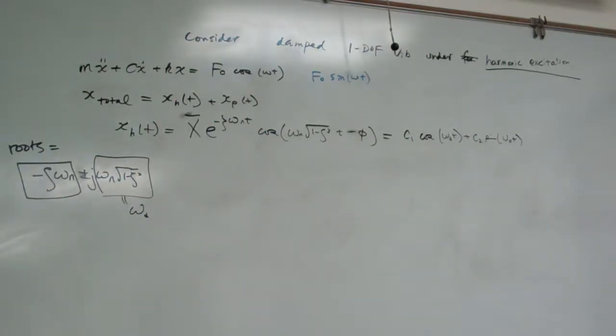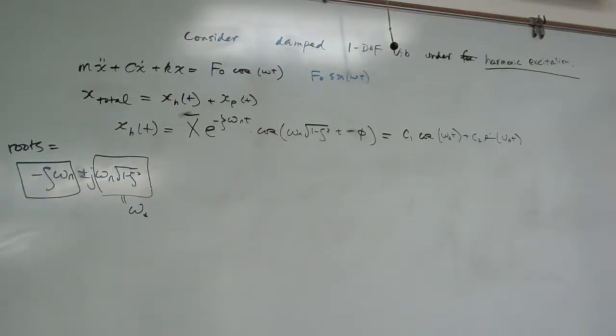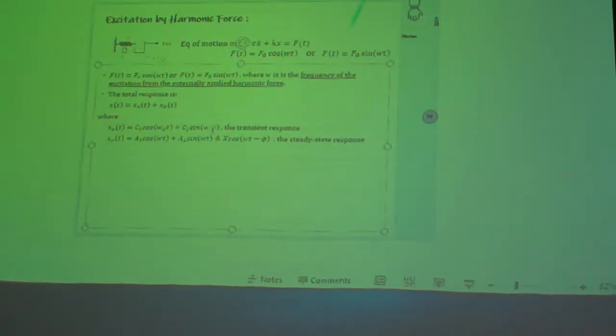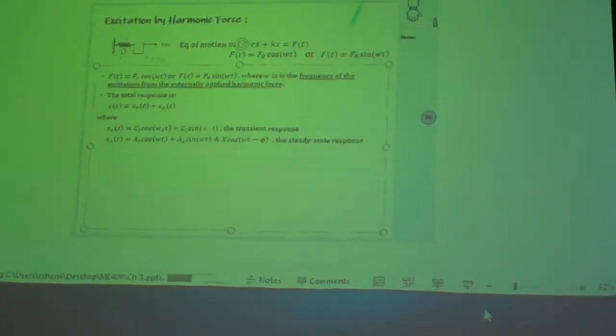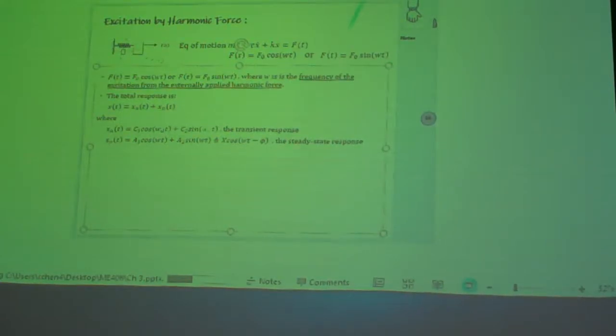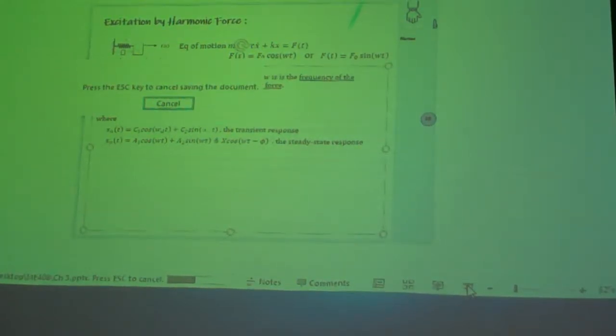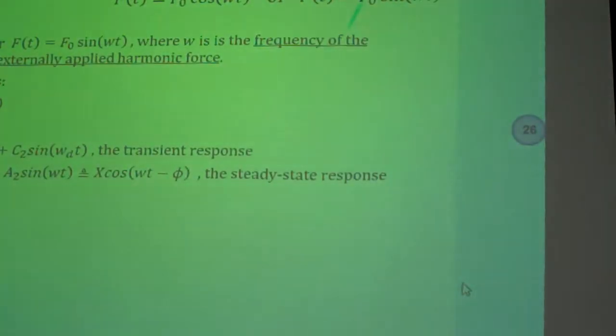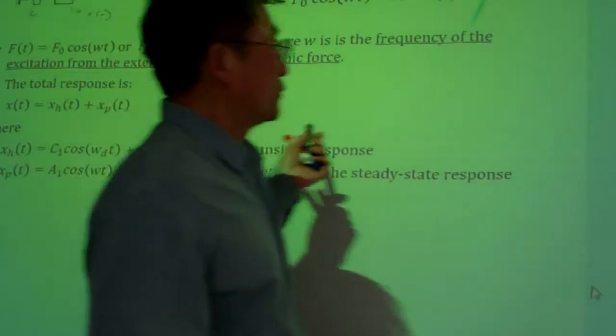Let me correct this one now. Sorry, my mistake here.